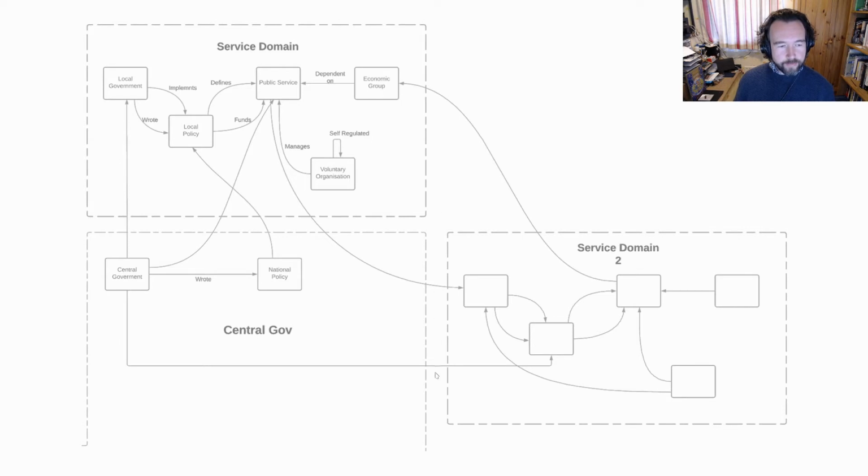So again, just by going through this process of mapping, now you've mapped one system, but now you've mapped another, and you're also aware of central government as an input to both of these systems, you can start to understand both how they internally work, but also how they interact with each other. And the complexity of the story will increase as you get more and more systems.